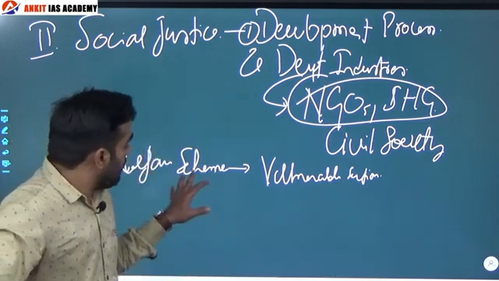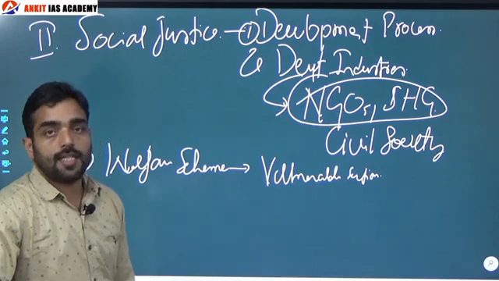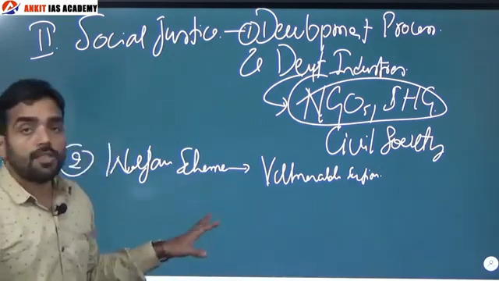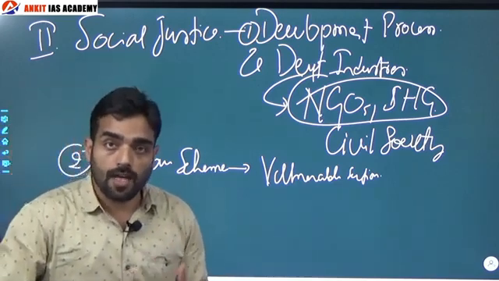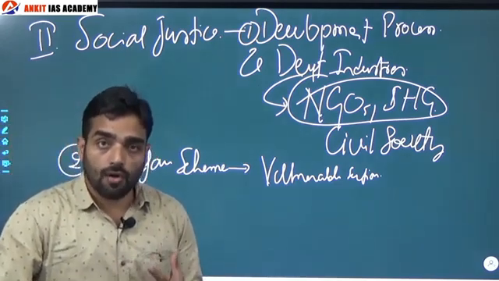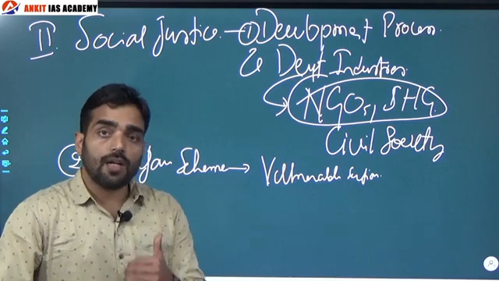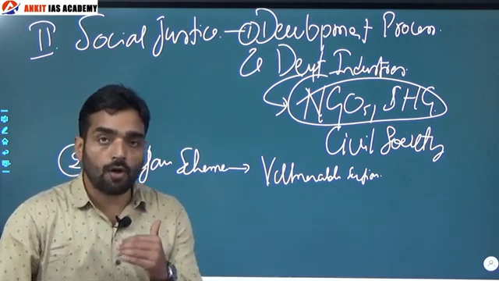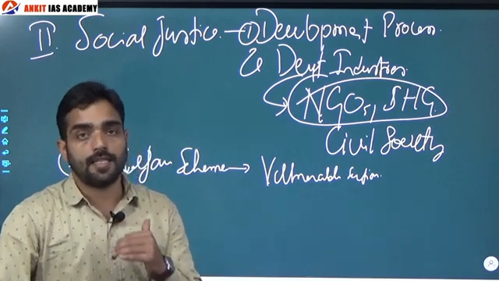These welfare schemes are made by both center and state. So in this you will see what the performance of these schemes is, what issues they are facing, whether they are successful or not, and what reforms are required to improve the inclusivity aspect of welfare schemes by center and state. Okay.